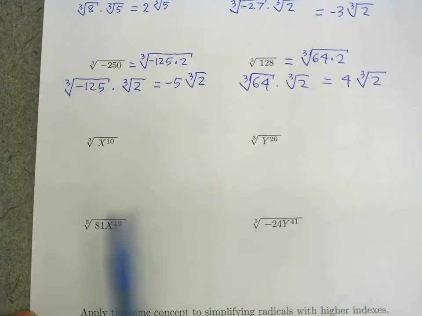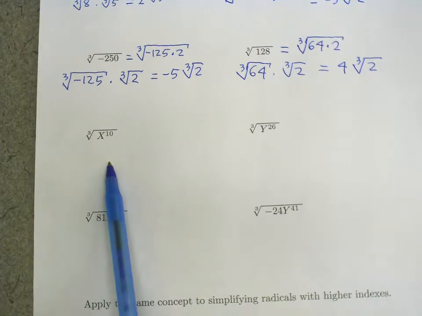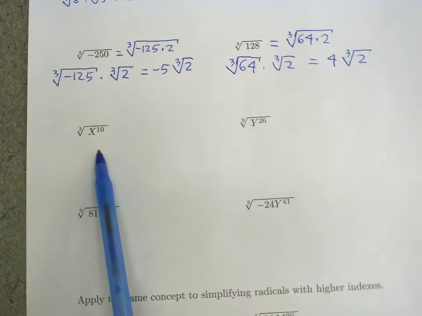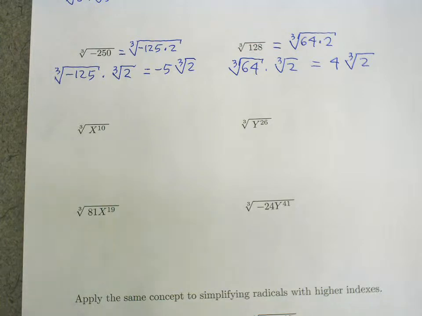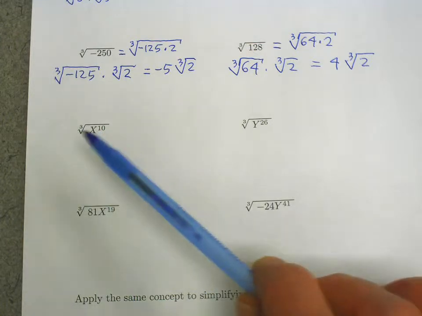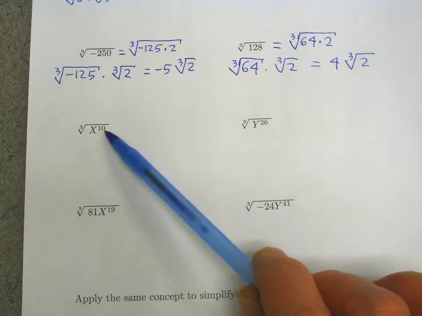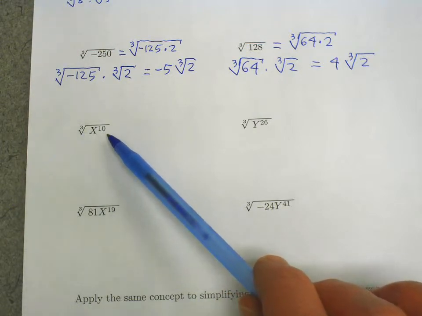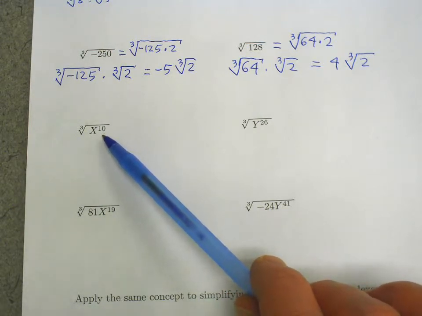Here's some variable examples. Remember from section 8.1 that if you have an exponent that is a multiple of 3, it is considered a perfect cube.